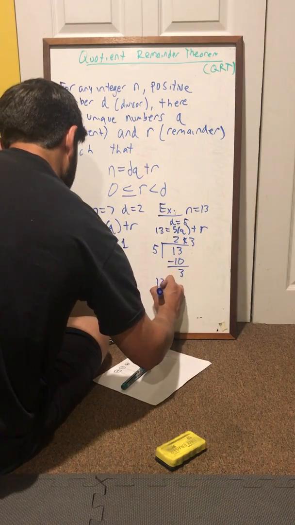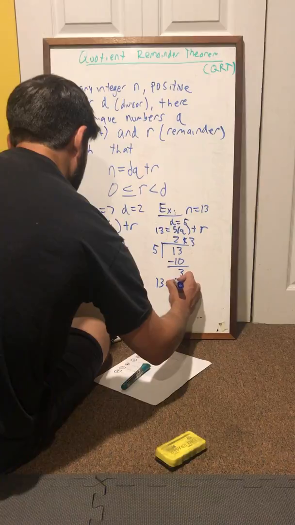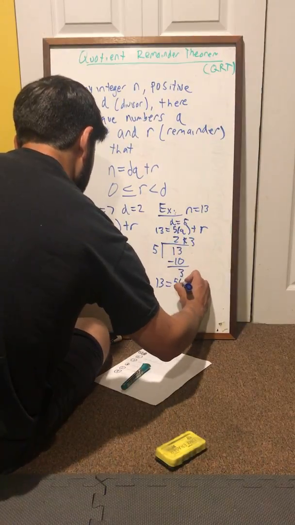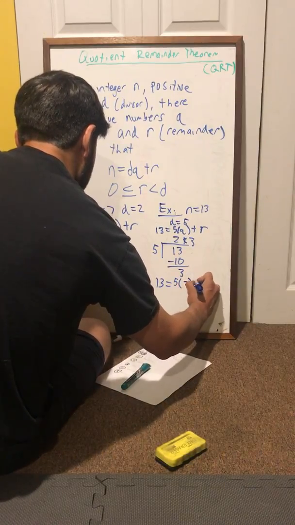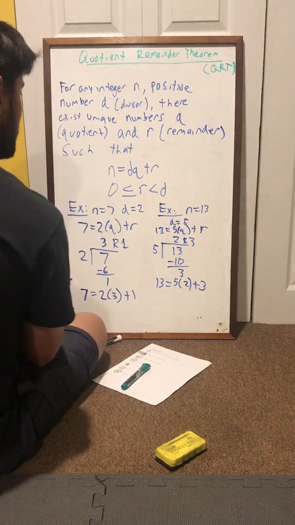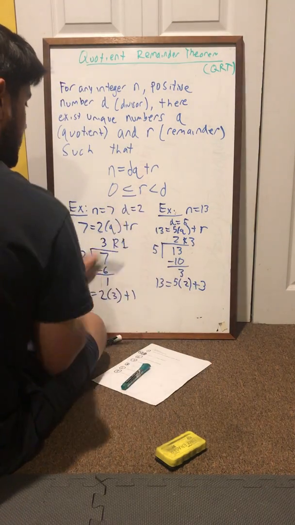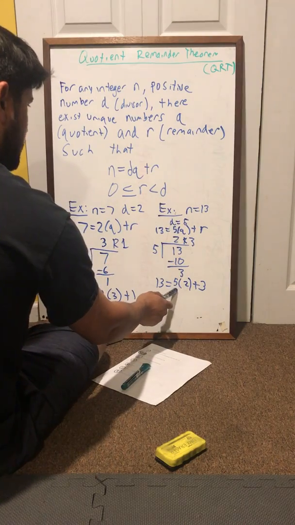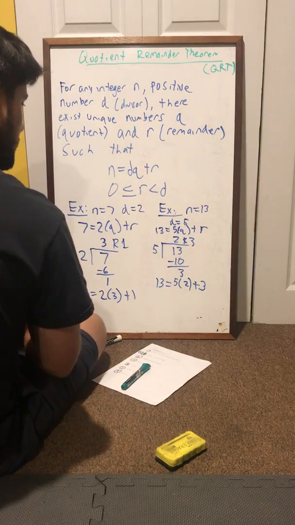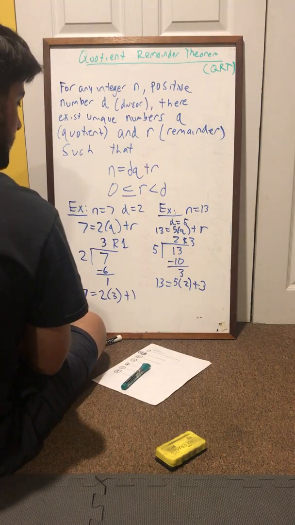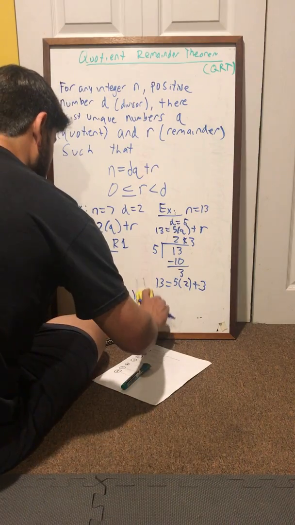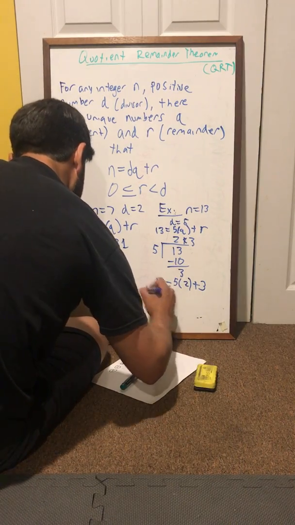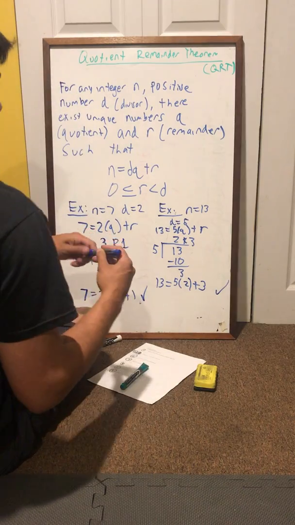So 13 equals 5 times 2 plus 3. And again, our remainder is greater than or equal to 0, and our divisor is greater than our remainder 3. So these both work. Check, check.